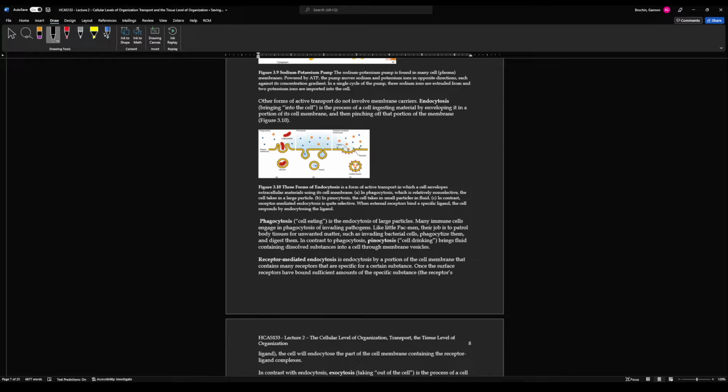So what happens is, using some of the proteins within the cell wall that we'll be talking about shortly, it bends its cell membrane around that substance, pinches itself off, and forms what's called a vacuole.